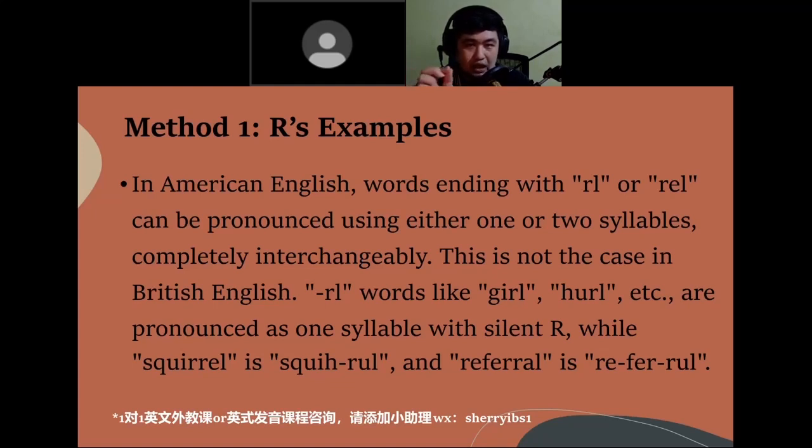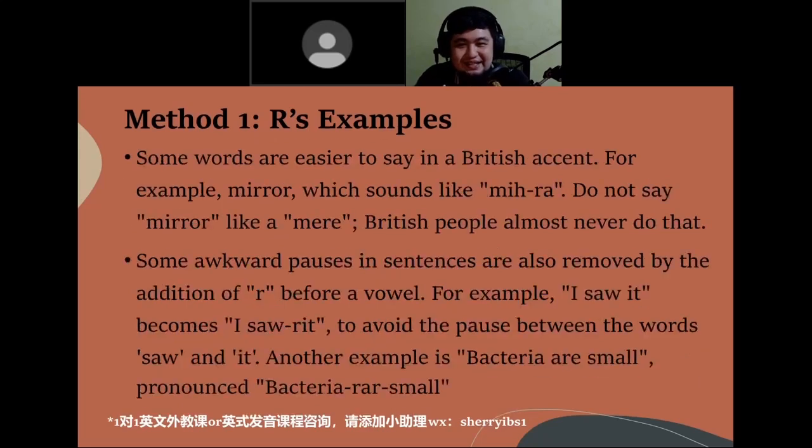It's swirl, swirl, it's sort of like swell. Okay, swell. Okay, swirl. The R is really minimized. You can't hear it that much. Okay, so next slide.